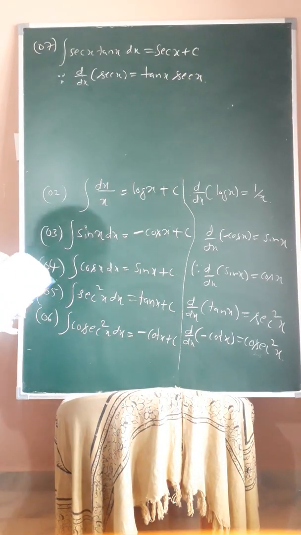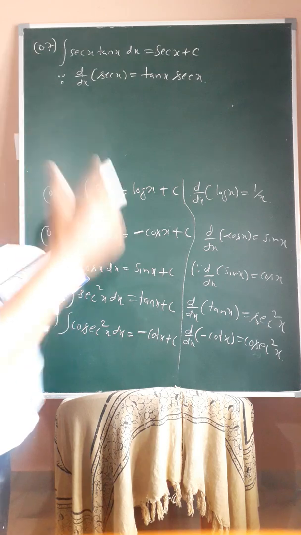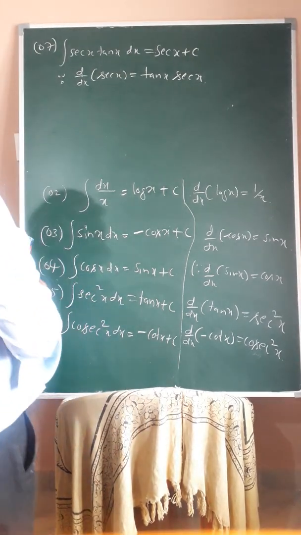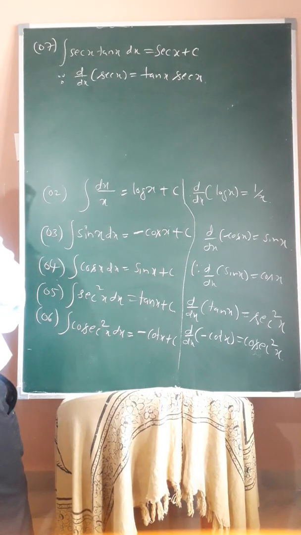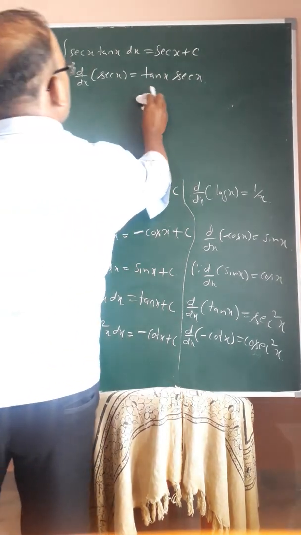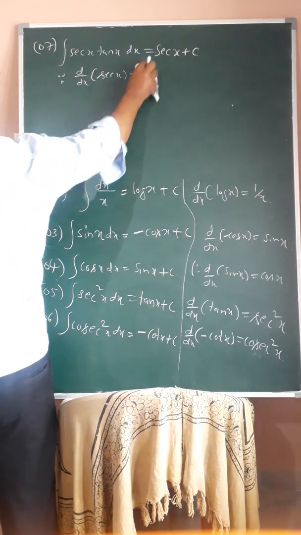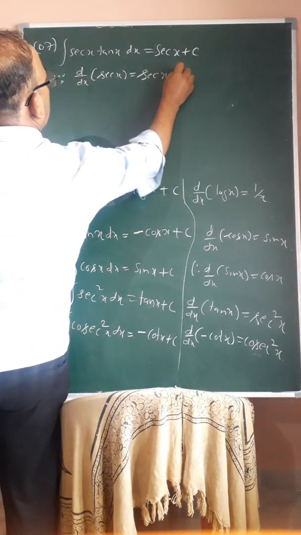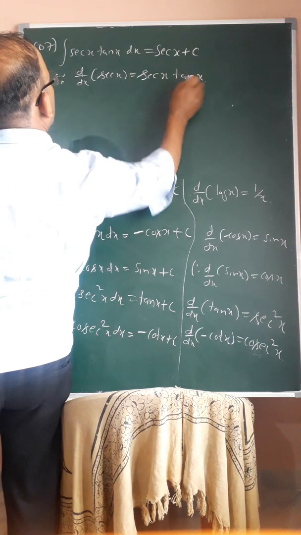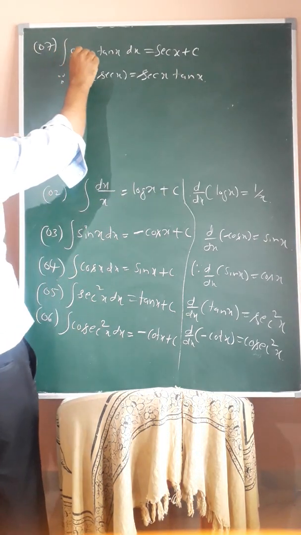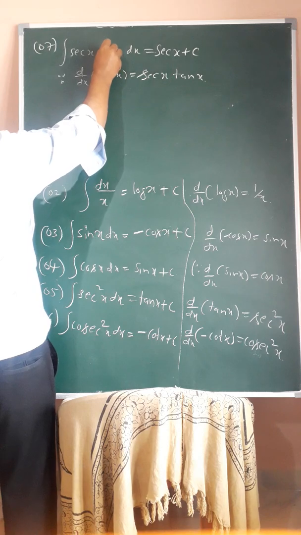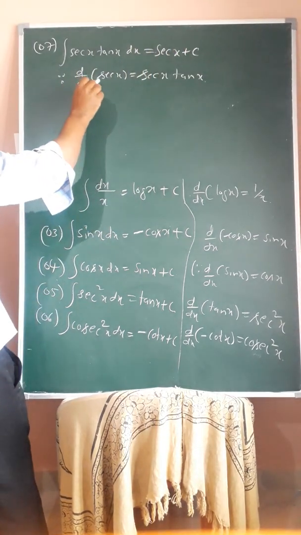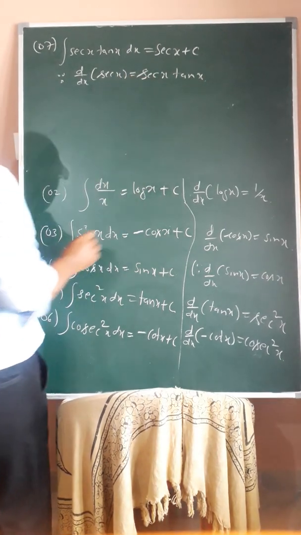Derivative of secant x is secant x tan x. Integration of secant x tan x is secant x plus c, because derivative of secant x is secant x into tan x.